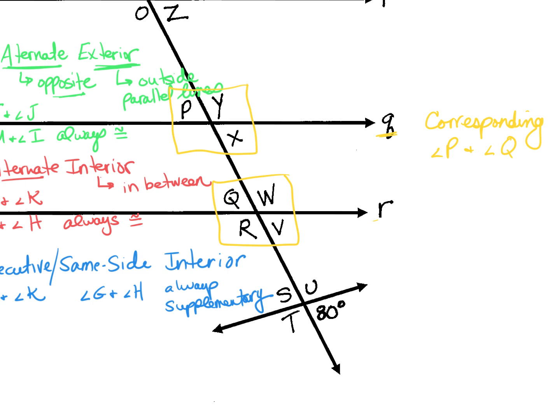So P and Q are corresponding. Corresponding angles are in the same position on both the parallel line and the transversal.